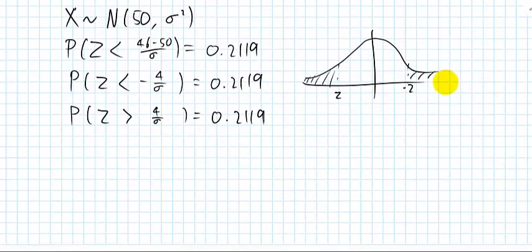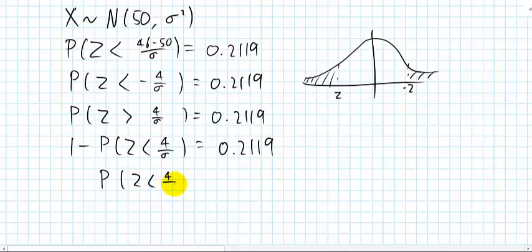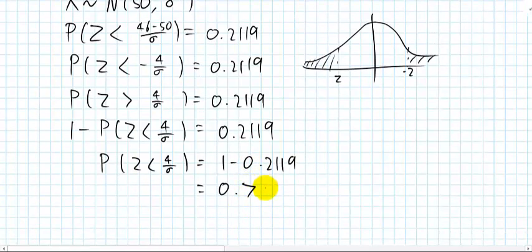Now this is in a bigger than positive form, so we use the 1 minus method. The probability of z being less than 4 over sigma is equal to 1 minus 0.2119, which is equal to 0.7881.